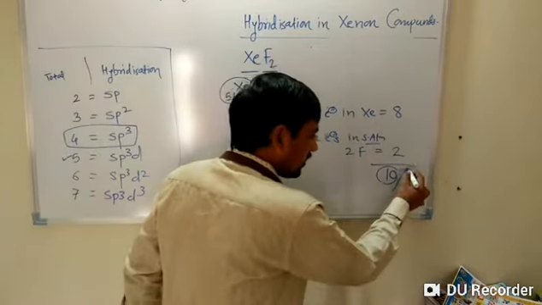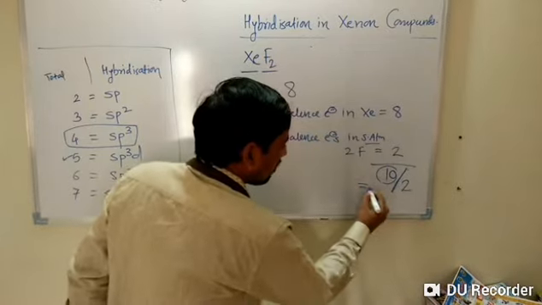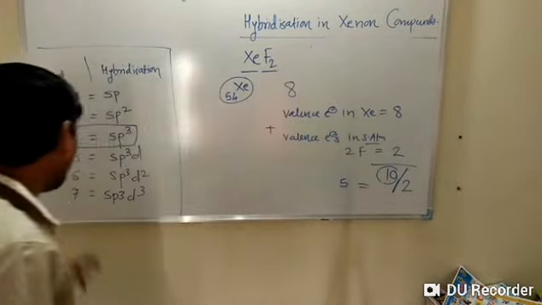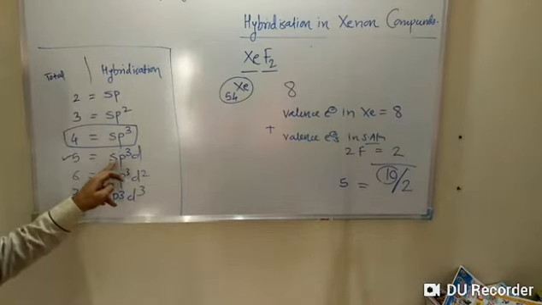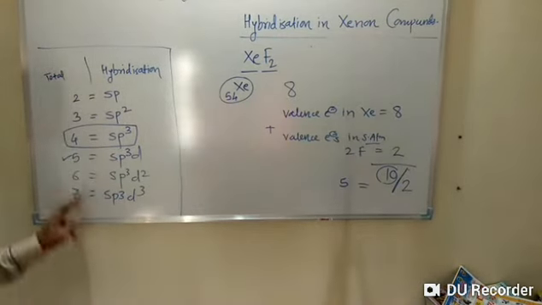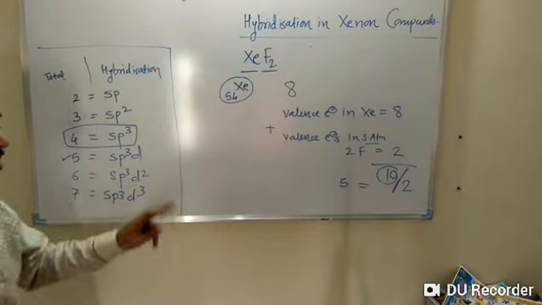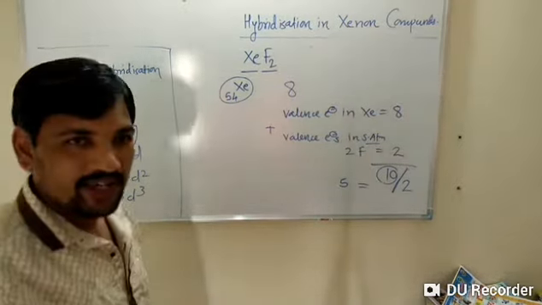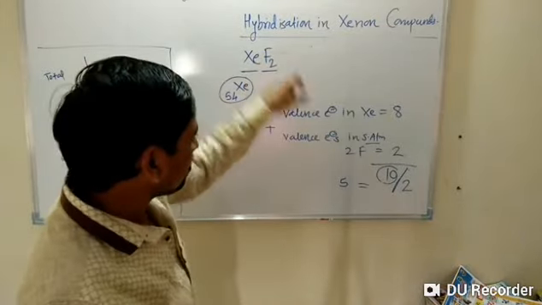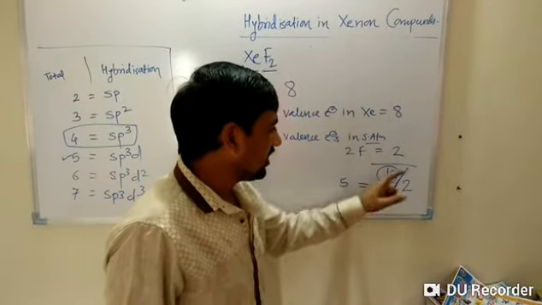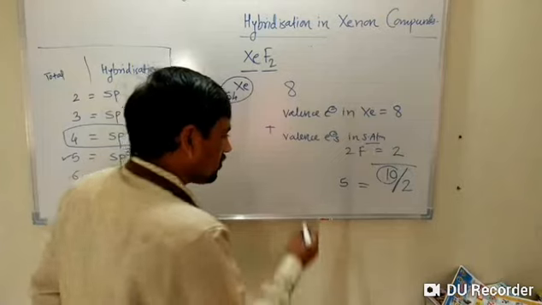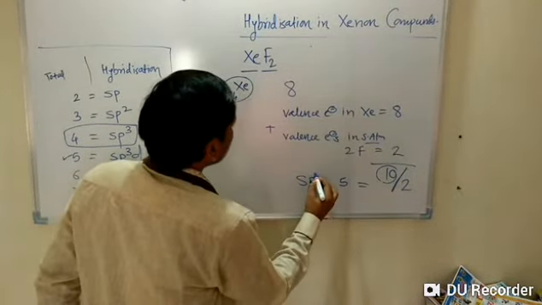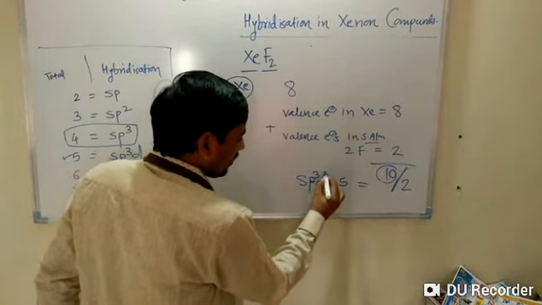After pairing these 10 electrons, you get 5. So there are a total of 5 bond pairs. If there are 5 bond pairs, then the hybridization is sp3d. If there are 6 bond pairs, then the hybridization is sp3d2. On the basis of this table, you can easily find the hybridization. So on the basis of 5, the hybridization of XeF2 is sp3d.